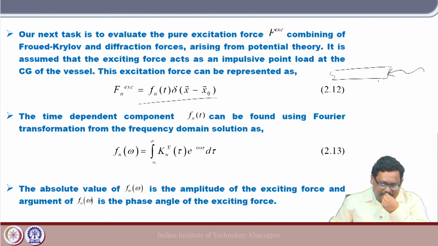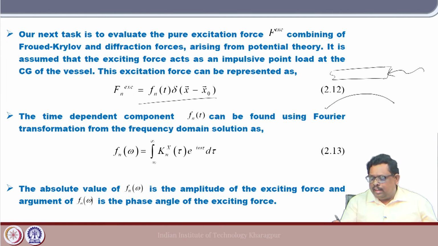Now, the question is, in case of a rigid body, I understand it. But in case of a flexible body, the wave will hit which position of the ship? For example, suppose I approximate the ship like this and allow the wave to hit this object. Are you getting my point?